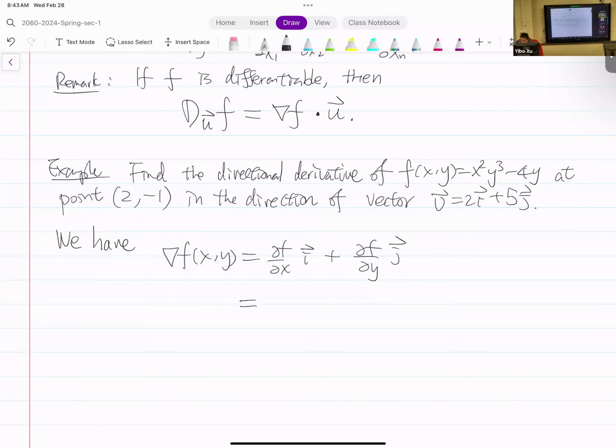The function has x only in the first term, so it's going to be 2xy to the 3. That's the partial derivative with respect to x, times i plus. Now both terms have y, so that gives you 3y squared, with x squared as the constant multiplier there, minus 4, since minus 4y gives you 4 when you take the partial derivative. That's in front of j.